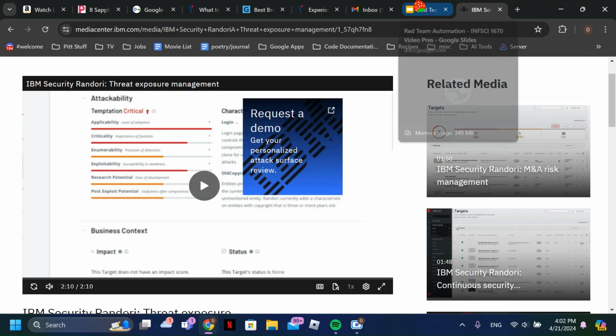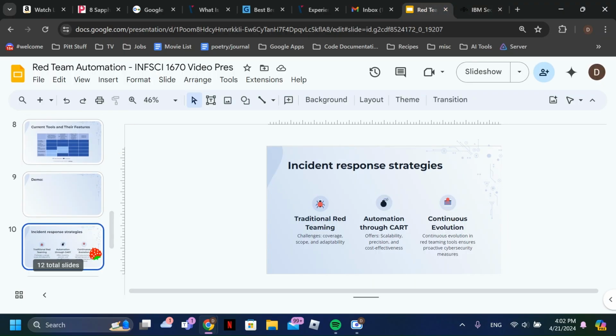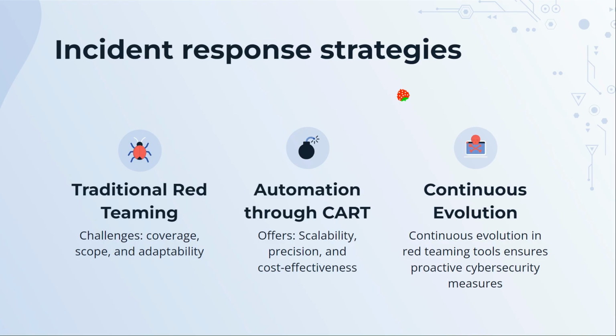So that was IBM Randori. It's a pretty efficient tool that you could use for automated red teaming. What we have learned is that with traditional red teaming, we run into the challenges of coverage, scope, and adaptability.